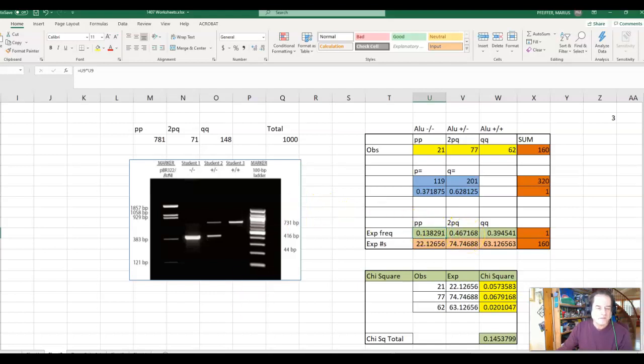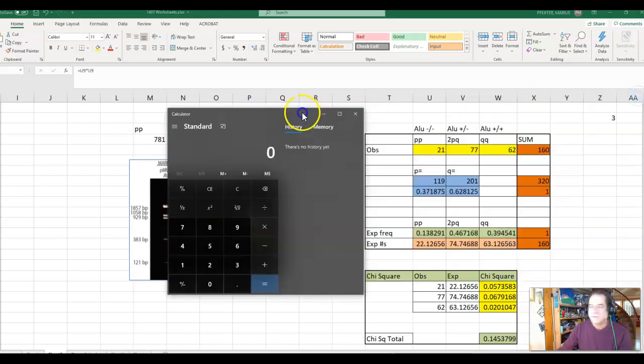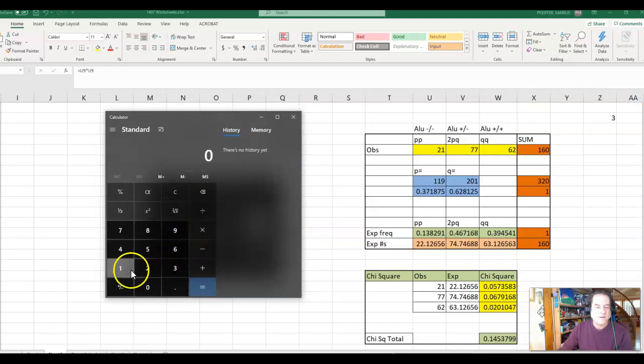All right, let's just check our math here real quickly. We'll put a calculator right here. So let's do 2 times 0.37 times 0.63, rounding, equals about 0.46. So you see it's working, right?